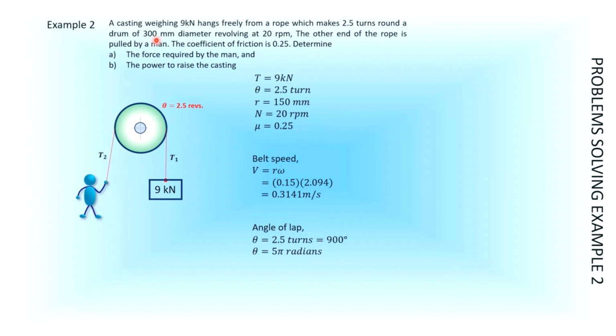The diameter of the drum is 300 mm, which is 0.3 meter, divided by 2 gives 0.15, times the omega. You find the omega by taking 2 pi over 60 times 20, so you should get 2.094. That is the velocity of the belt, 0.3141, which is also less than 10 meters per second.